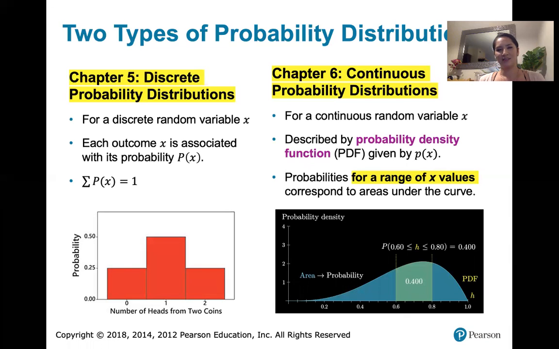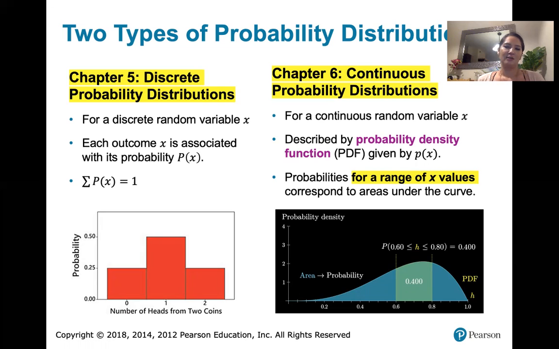Now, I think the title of his video is Why a Probability of Zero Does Not Mean an Event is Impossible. Back in chapter 5, if you had a probability of 0 in your probability distribution table for that discrete probability distribution, we would say, if it's discrete, yes, a probability of 0 means that that event is impossible. But over here, probabilities aren't associated with x values.